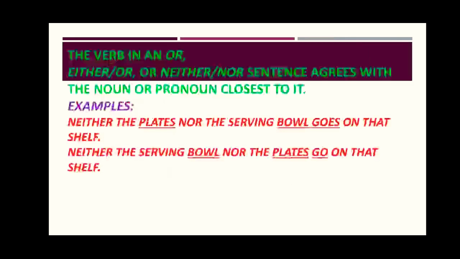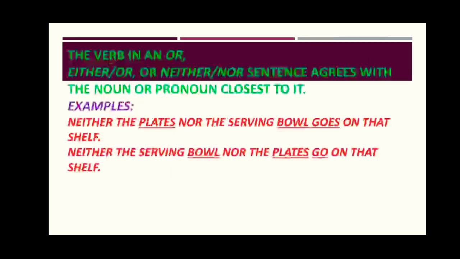Now the next rule, which is important for you, is that the verb in either or, neither nor sentences agrees with the noun or pronoun closest to it. Let me make it easier for you. Students, whenever you have sentences where you use either or, neither nor, your verb would agree with the closest noun or pronoun.